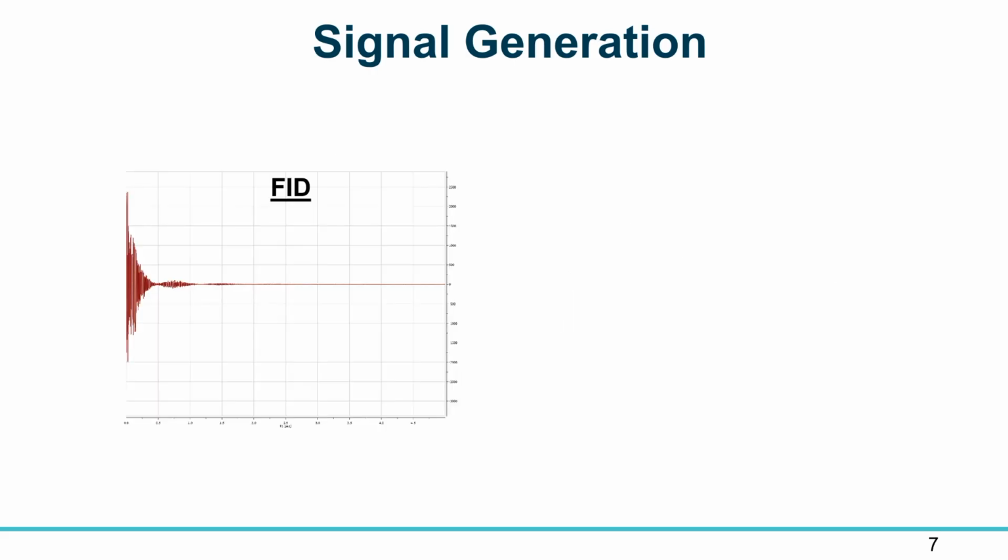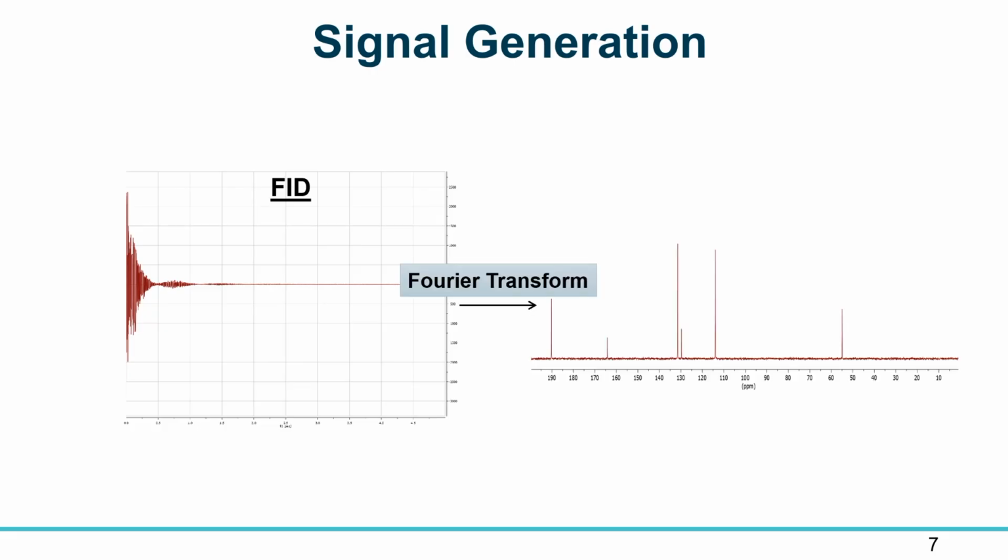The combination of multiple frequencies of electromagnetic radiation emitted by the sample's nuclei is known as a free induction decay, or FID for short. We can use computer processing software and mathematics known as a Fourier transform to convert the FID to an interpretable NMR spectrum.